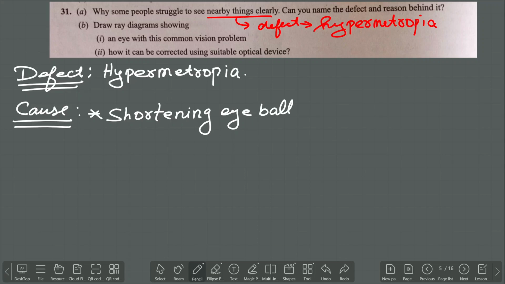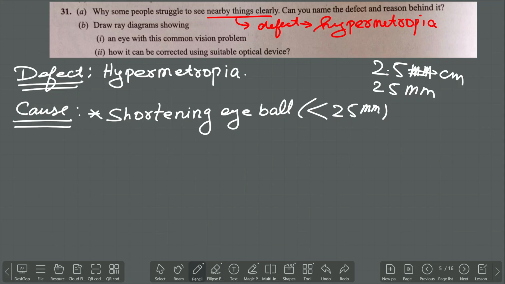We all know the normal size of an eyeball is 2.5 centimeter or 25 millimeter. If it is lesser than 25 millimeter, then the person will suffer from the defect called hypermetropia. So this is the first cause.